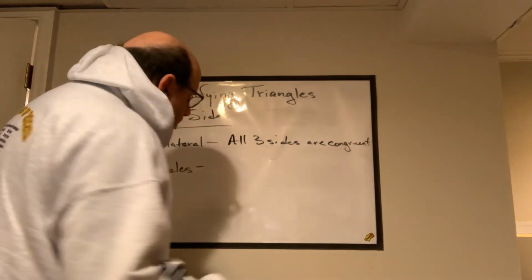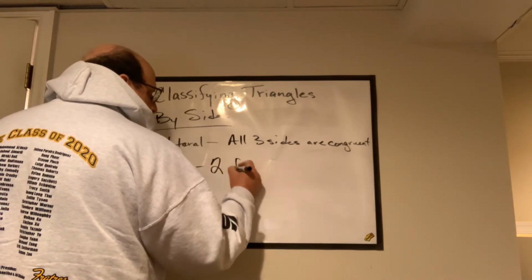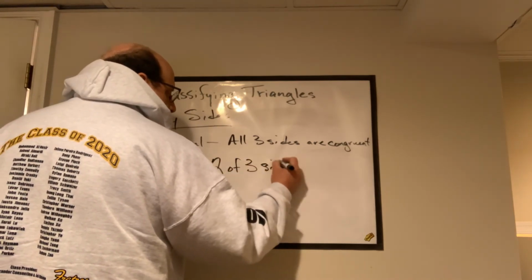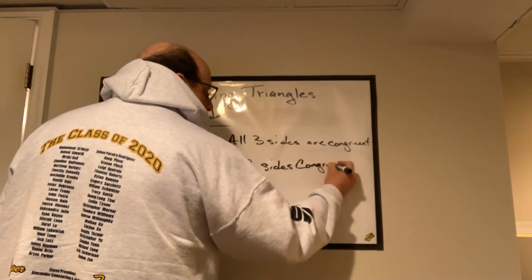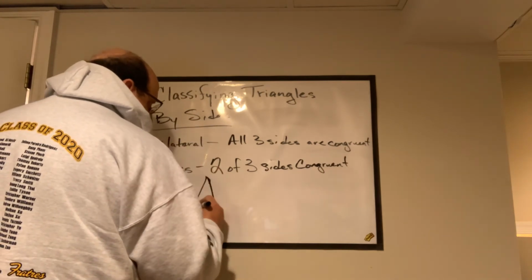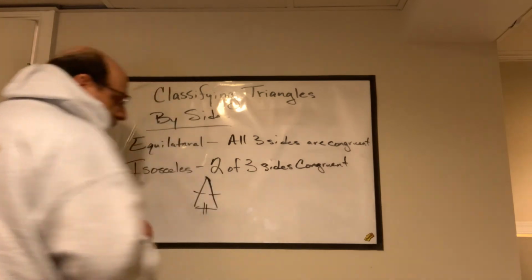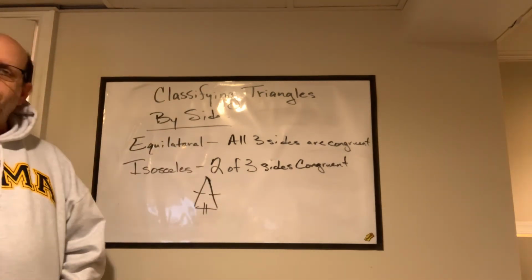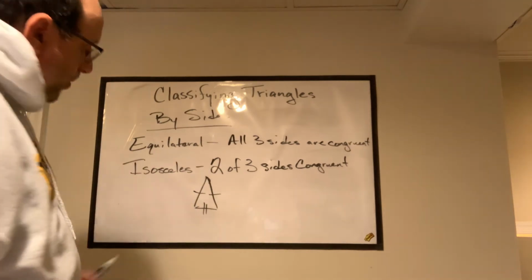Two of three sides congruent. And you'll see it most likely like that, and they'll put two little hash marks on the bottom or something of the sort. Okay, so far so good.